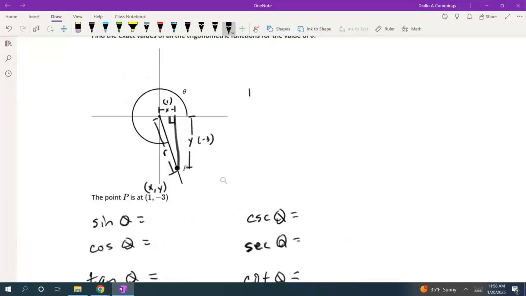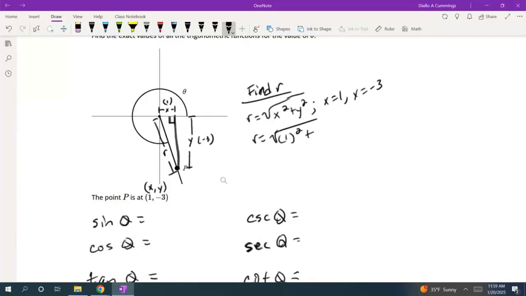So from this point, I'm going to find r by using that Pythagorean formula. R is equal to the square root of x squared plus y squared. I'm going to substitute x for 1 and y for negative 3. So r is equal to the square root of 1 squared plus negative 3 squared. 1 squared is 1, negative 3 squared is 9, so r is equal to the square root of 10.